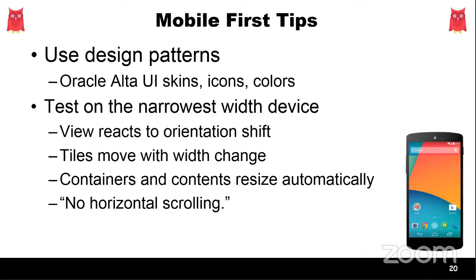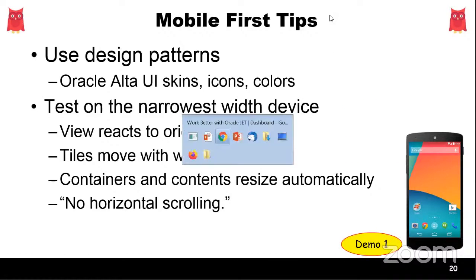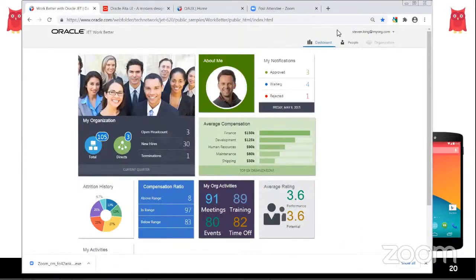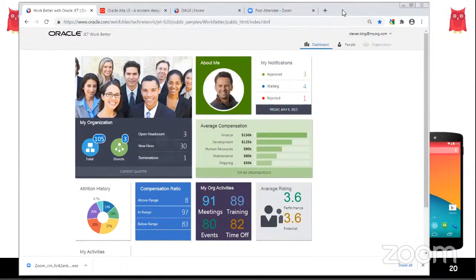They can just scroll down. And now people using web browsers are used to scrolling only vertically, so there's no horizontal scrolling.